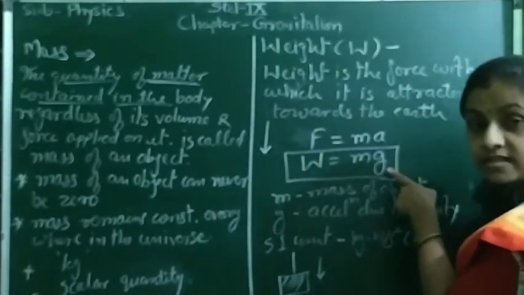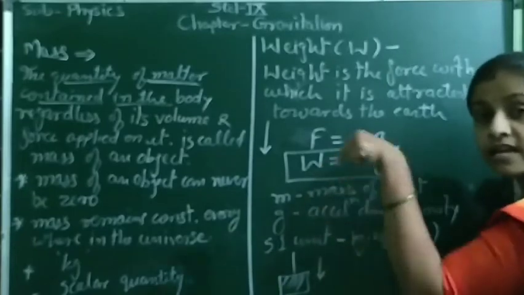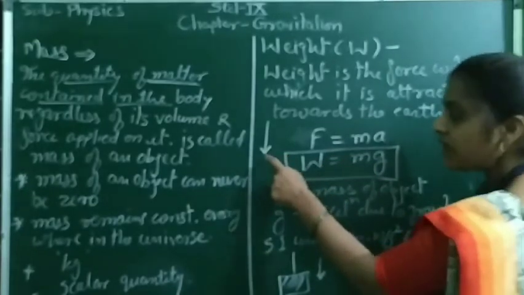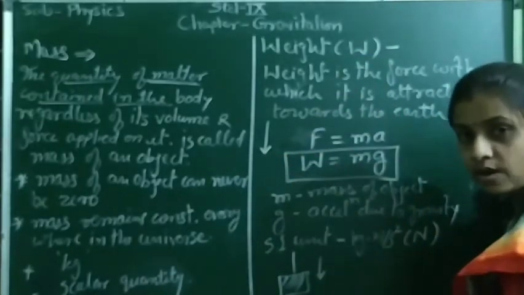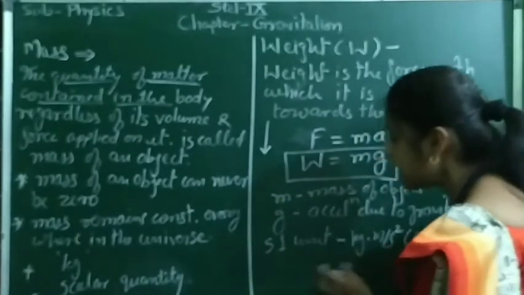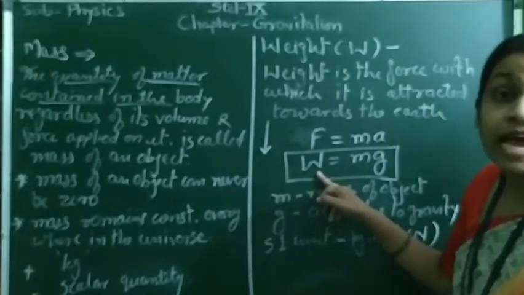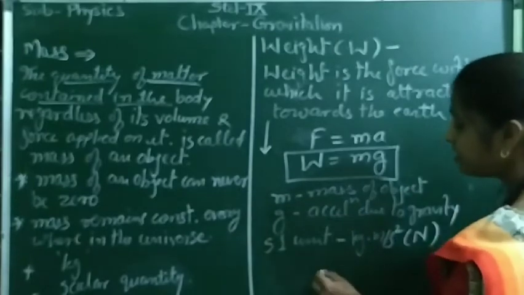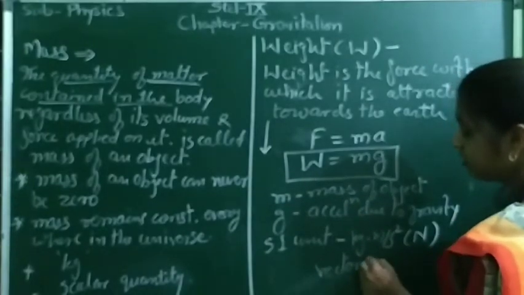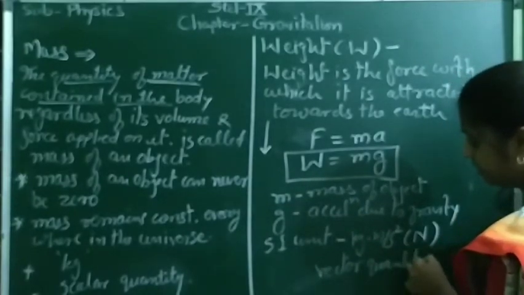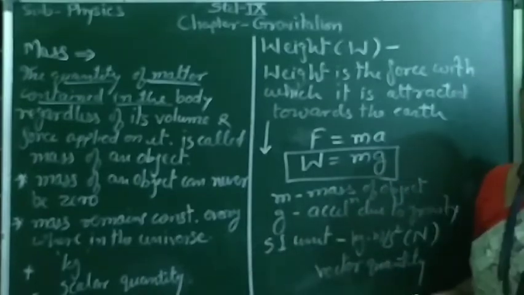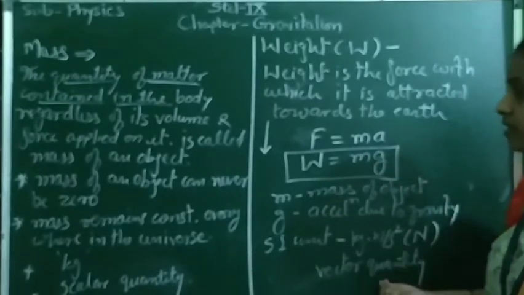Why? Because acceleration due to gravity acts in a downward direction, so the weight of an object also acts in a downward direction. It means that the weight of an object has a direction, and therefore it is a vector quantity. So the weight of an object is a vector quantity.